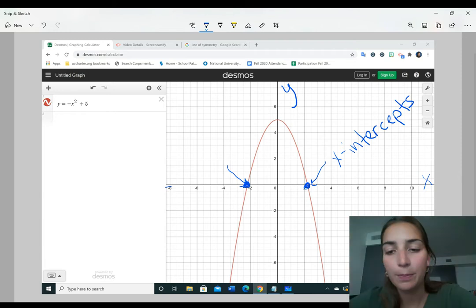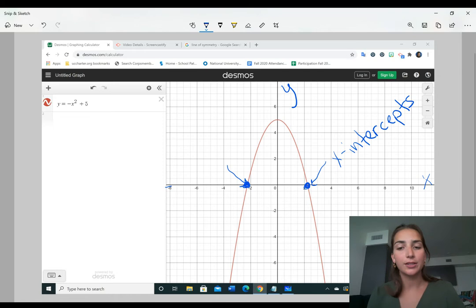So the point where our graph, our parabola, cruza the axis, the x-axis, those are called our x-intercepts.